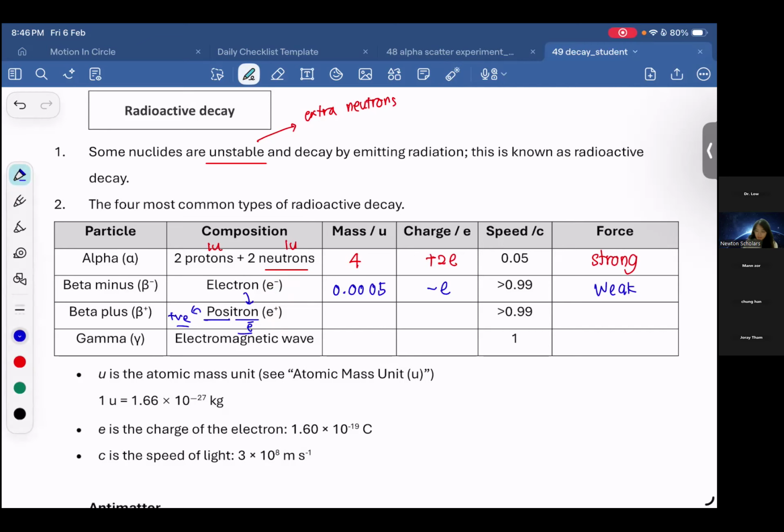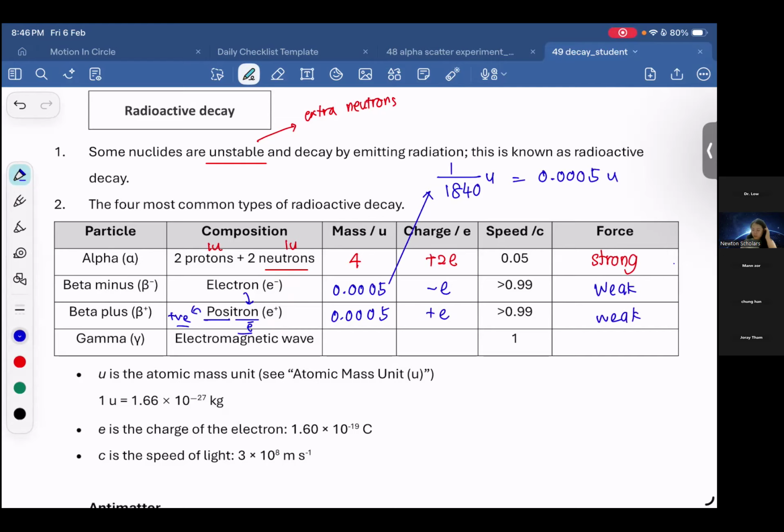What is the mass? The mass is the same, 0.0005. If you refer to the worksheet just now, it is 1 over 1840 U, so it's roughly equal to 0.0005 U. The charge of the positron is positive one, so it should be positive e, only one e. The force in between is also the weak force.